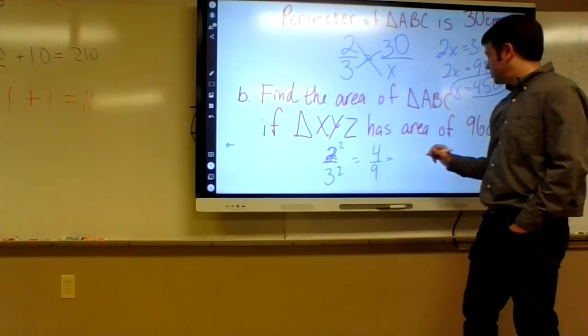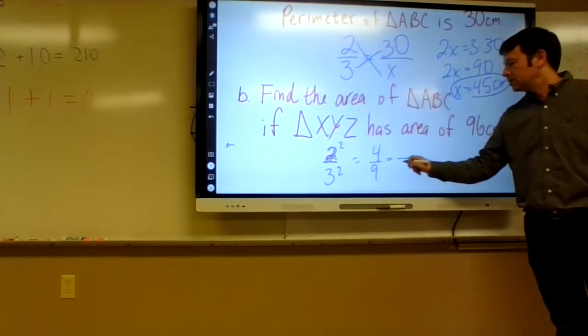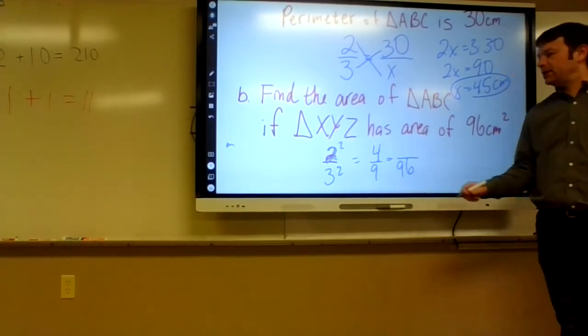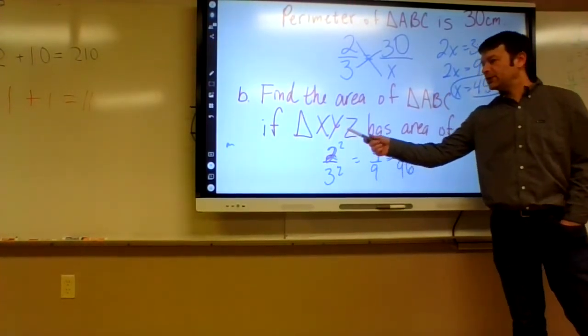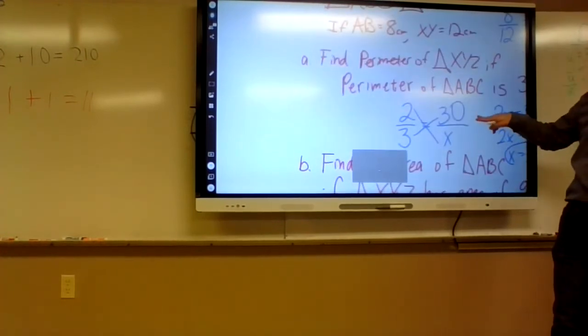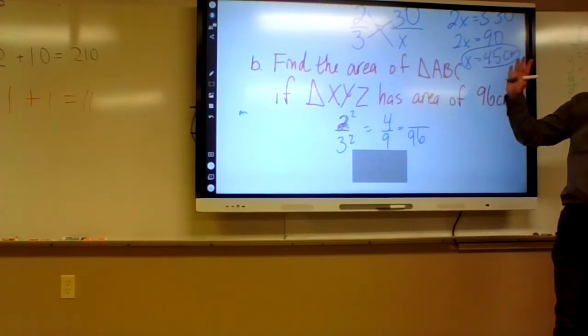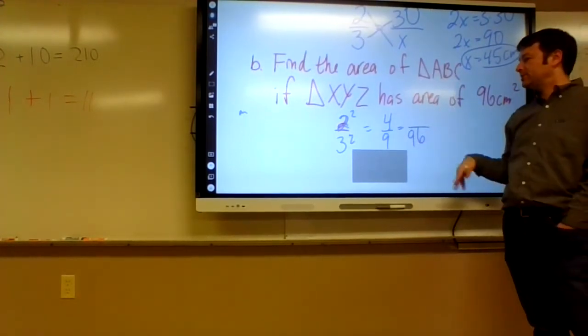Okay, should the 96 go on top or bottom? 96 is the area of XYZ, or ABC, which is, wait, ABC was the small one. No, never mind, my bad. We're looking for ABC, we've got XYZ, you're right.